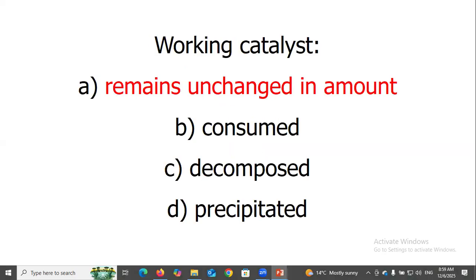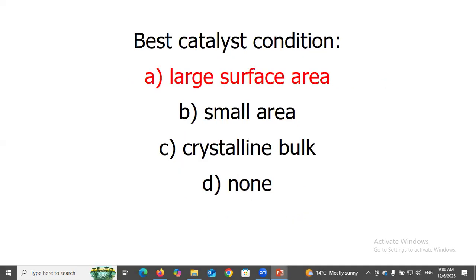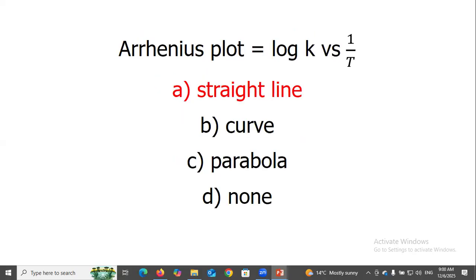Working catalyst remains unchanged in amount, consumed, decomposed, precipitate. Correct option is option A, remains unchanged in amount. Best catalyst condition: large surface area, small area, crystalline bulk, none. Correct option is option A, large surface area.